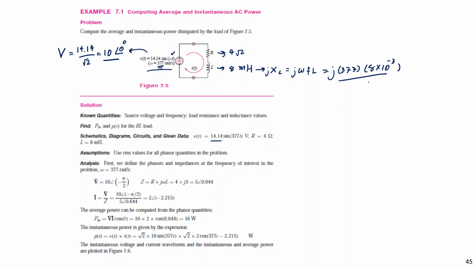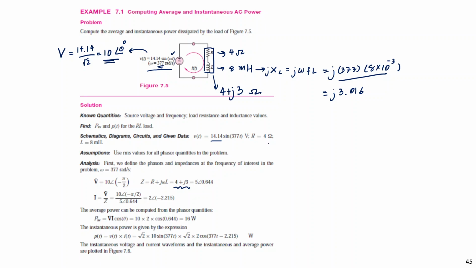That is j3, approximately 3.016. So we have this in impedance form. This part will be 4 plus j3 ohm. And we supply voltage here.